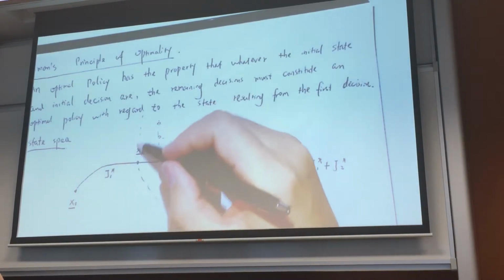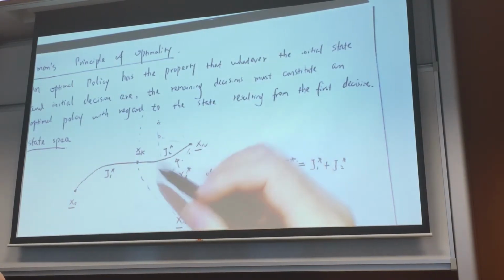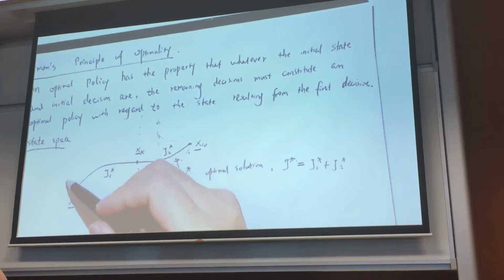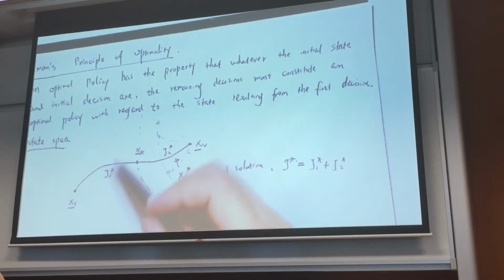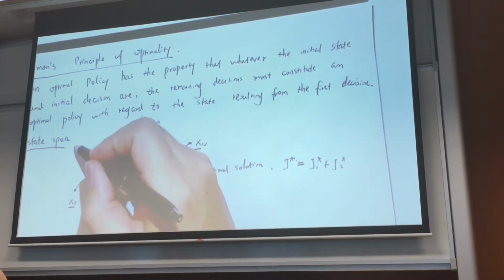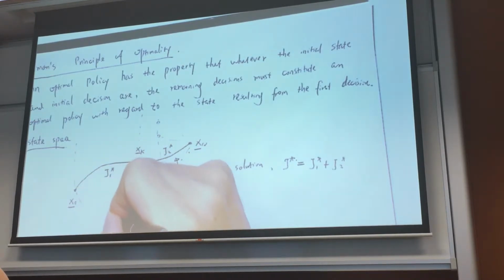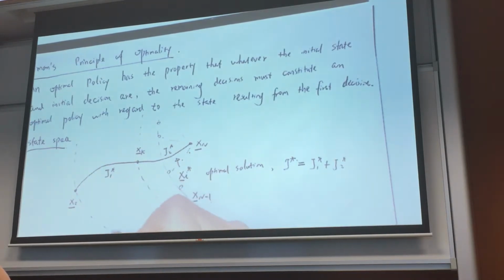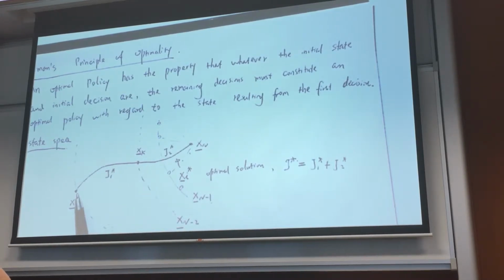So you will get all solutions. You solve this recursively and backwards until you reach your initial state. Hopefully one of the points will be equal to your initial state. That will be the solution to this problem.